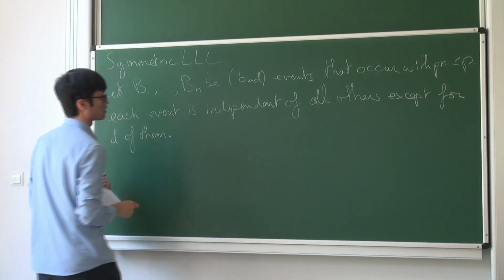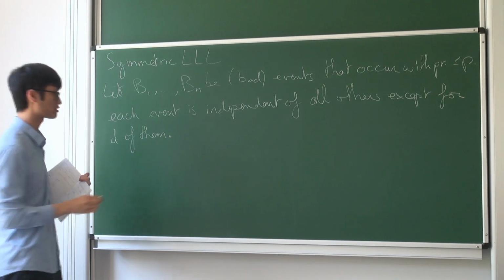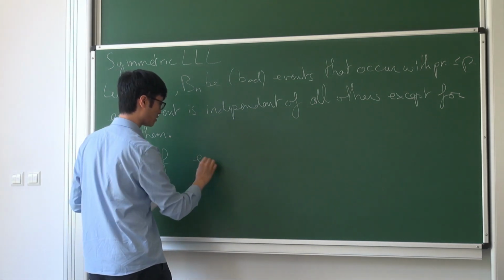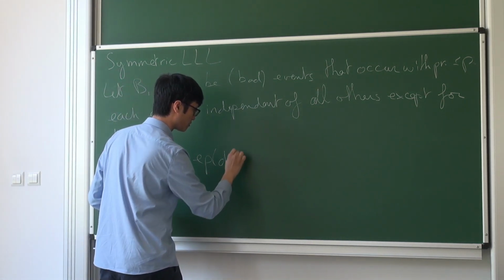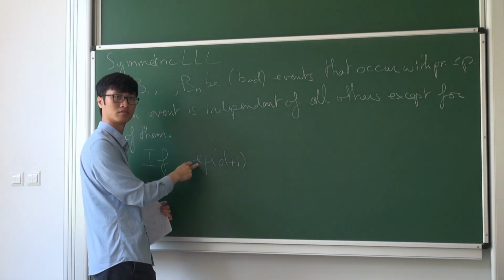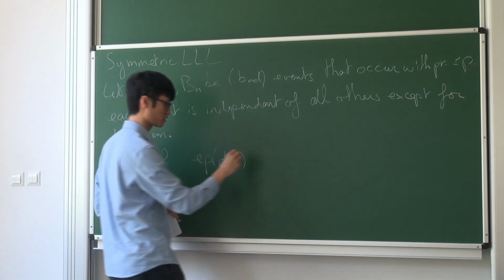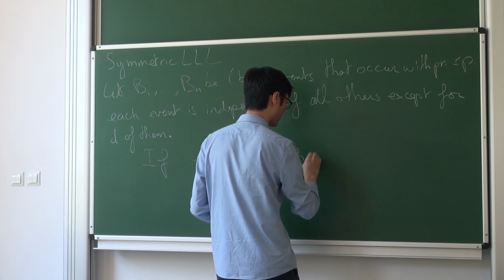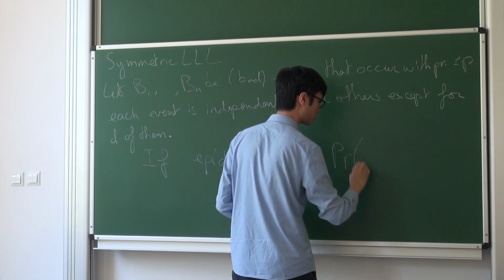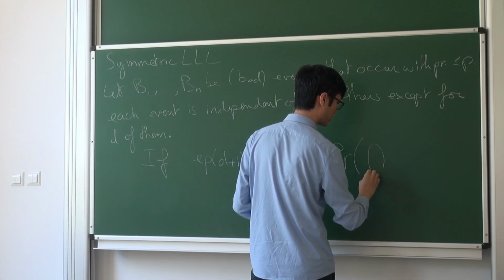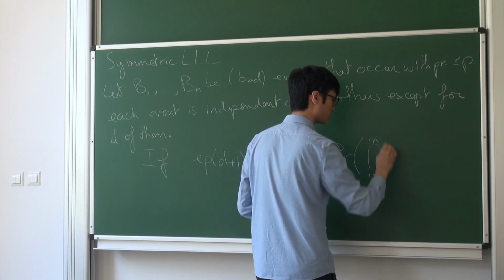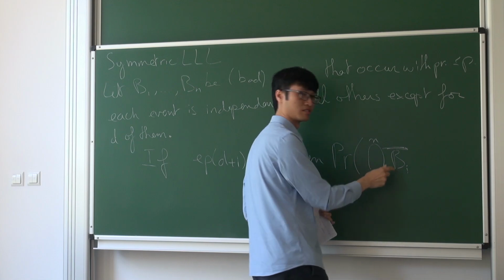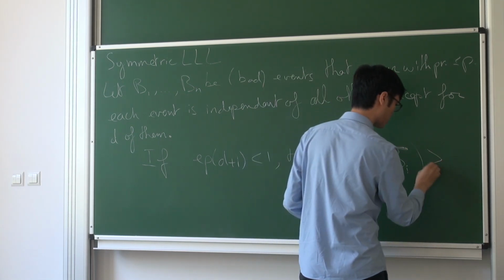Now, if you have such a collection of bad events, then for the right condition on p and d, where e here is the normal e, like 2.72, then none of these occur, with a bar here to say that it doesn't occur, with non-zero probability.